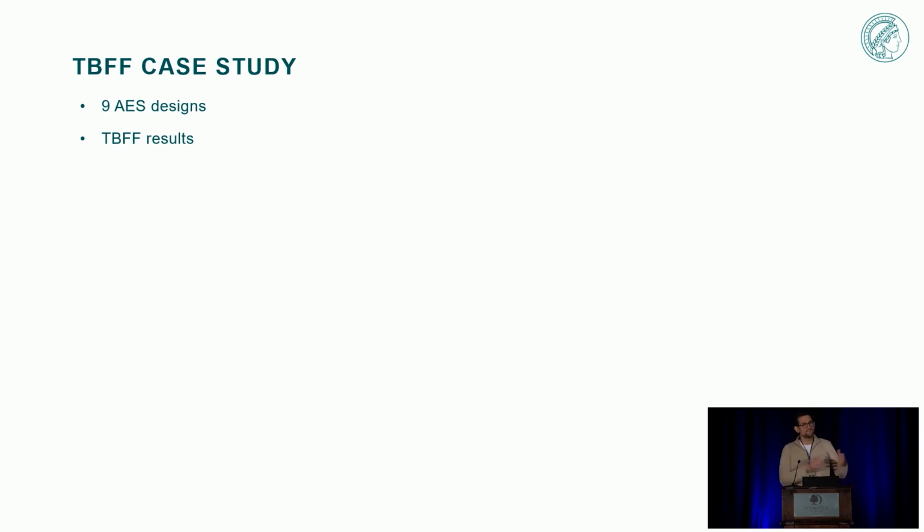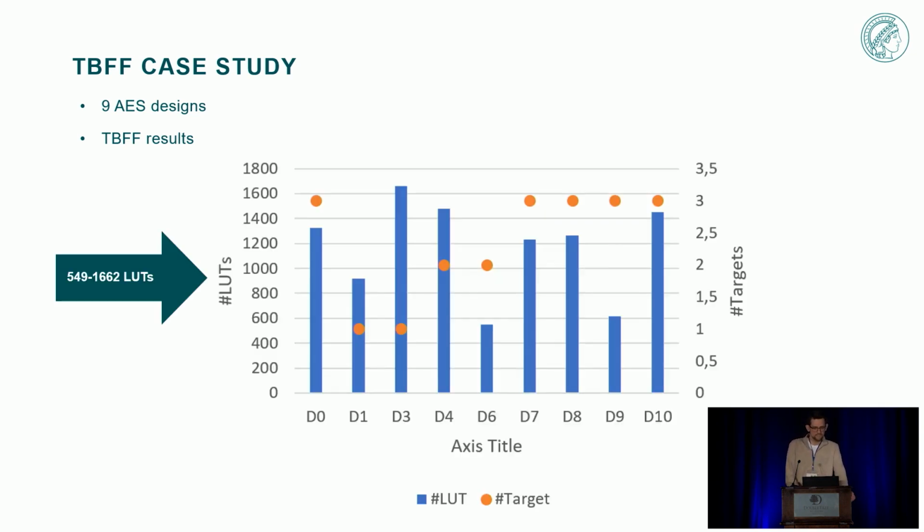Of course, then we take the 9 working AES designs and attack them with our targeted bitstream fault fuzzing. And here you can see the designs, so the various AES designs range from 550 to 1,600 lookup tables. And there we found in the designs only 1 to 3 target lookup tables. So we reduce here the number of points where we need to attack from these 1,600 lookup tables or gates to only 1 to 3 target LUTs.